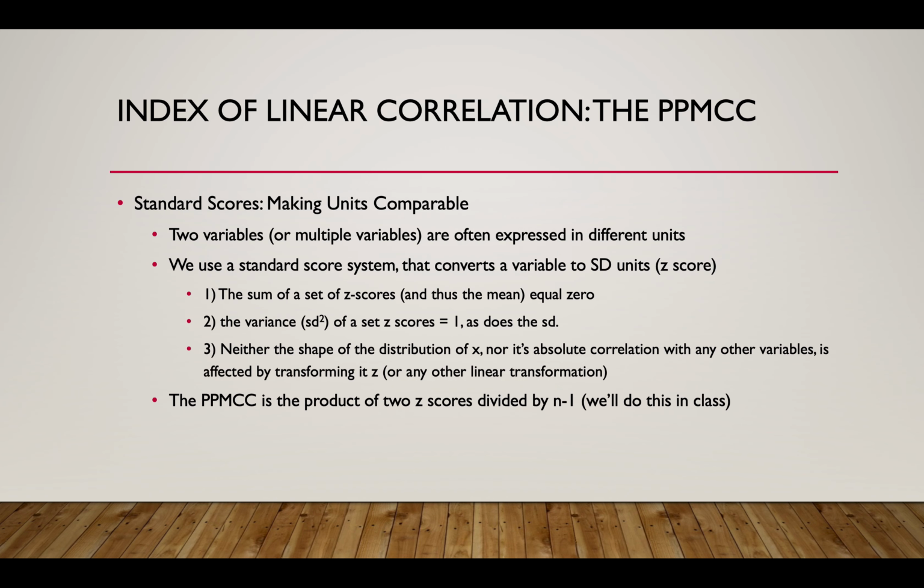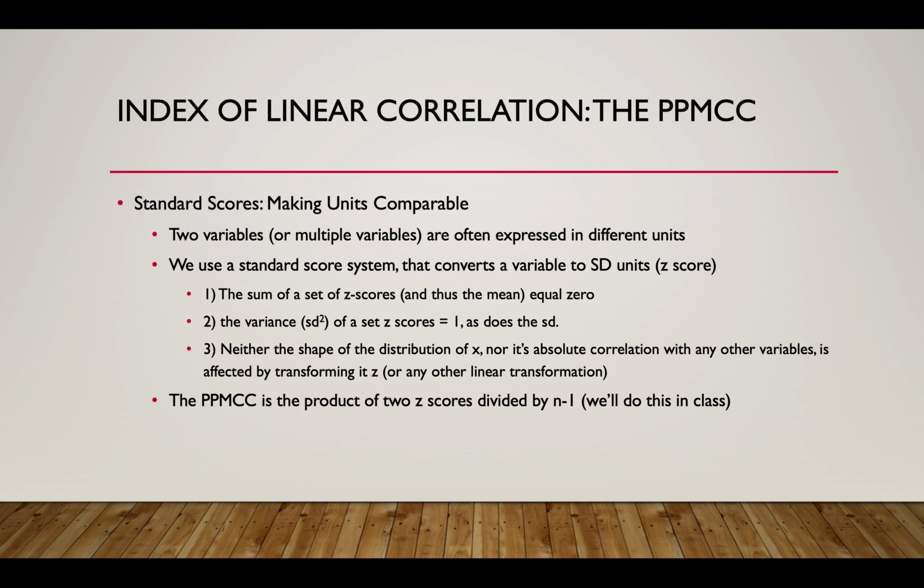All right, so let's talk a little about the index of the linear correlation, or the most common type of correlation that we use today, which is the Pearson product moment correlation coefficient. And the reason that we call it a product is because it is actually a product.